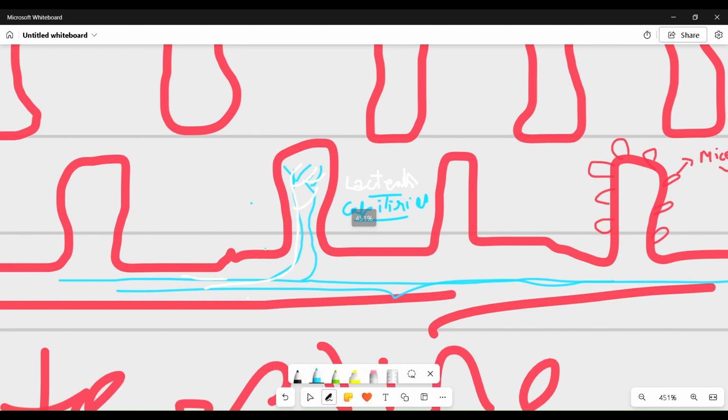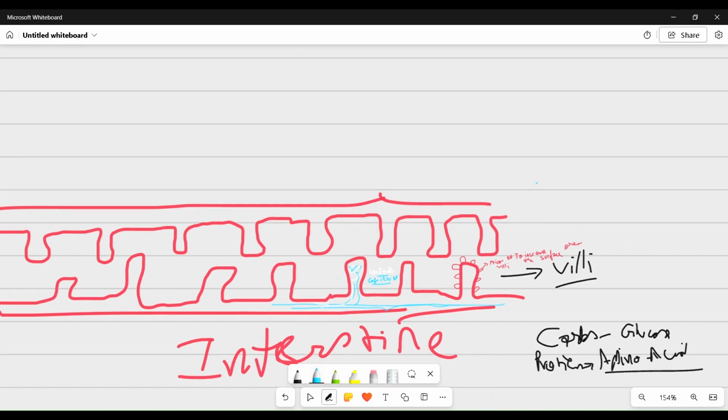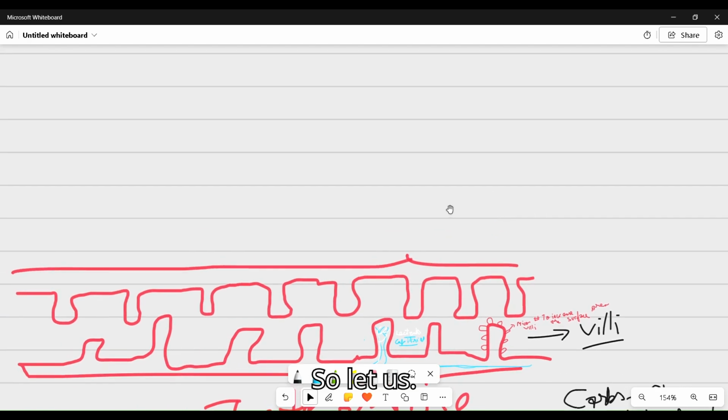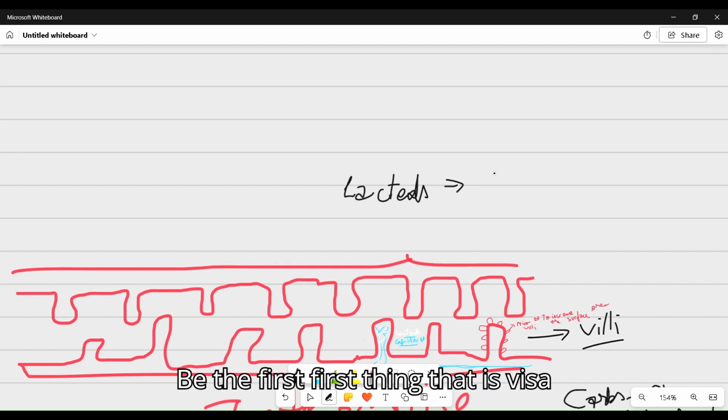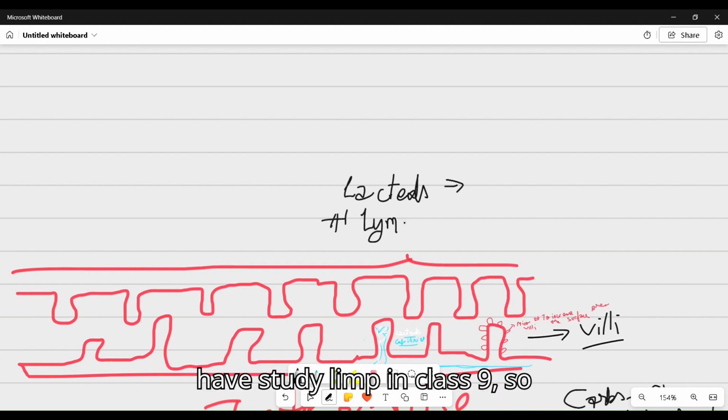So lacteals carry, and first thing, these are lymph. Okay, we have studied lymph in class 9. So these are lymph, and the lacteals or lymph carry fatty acid.